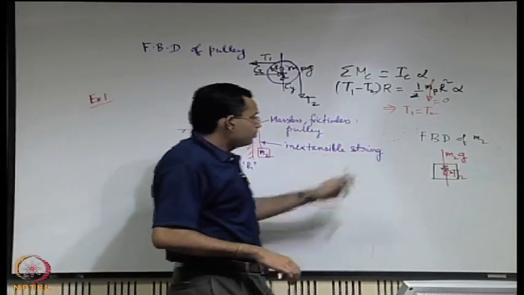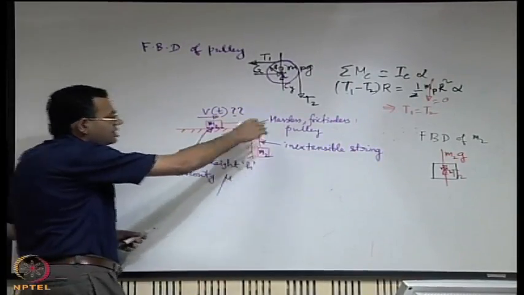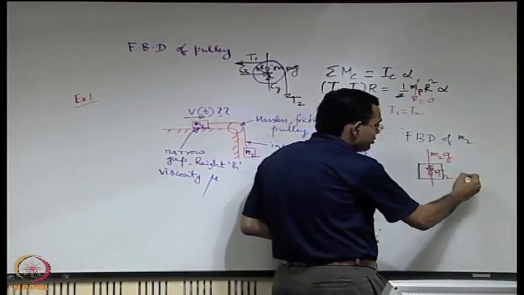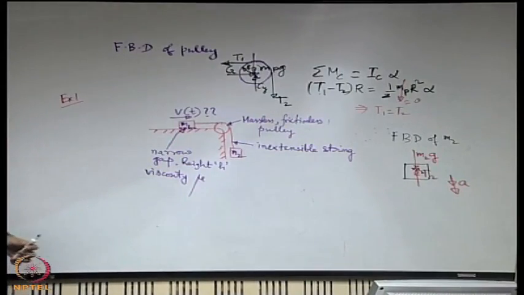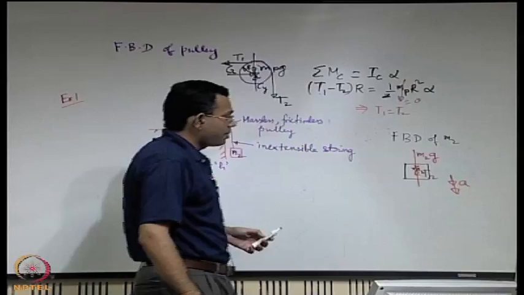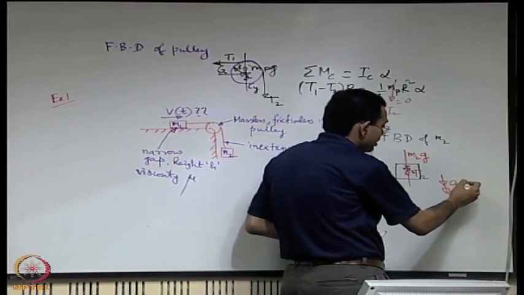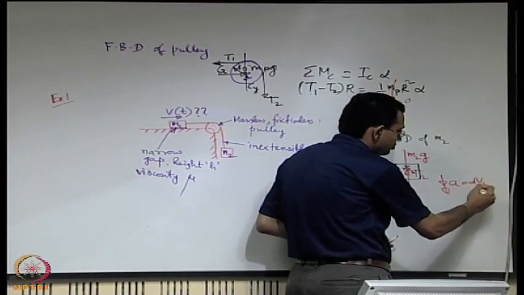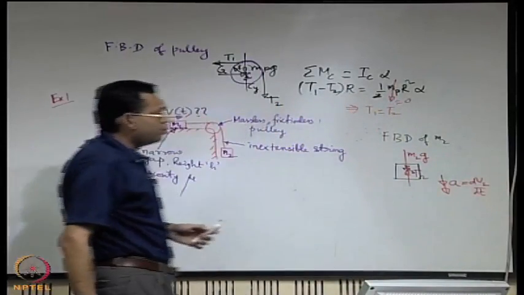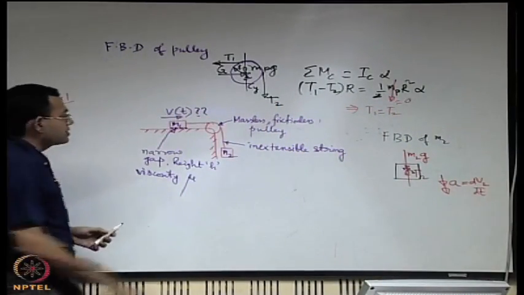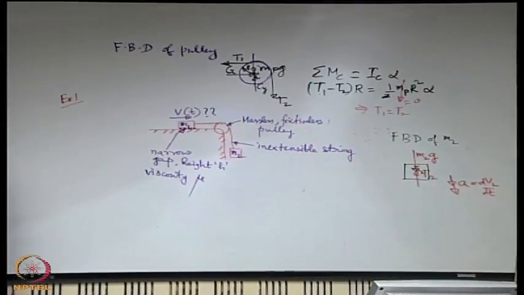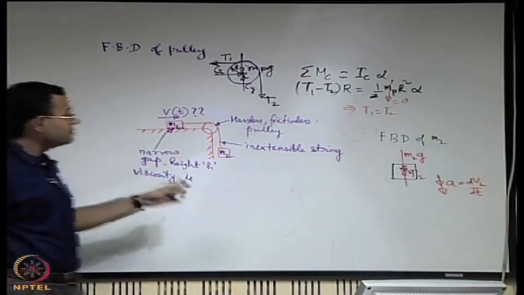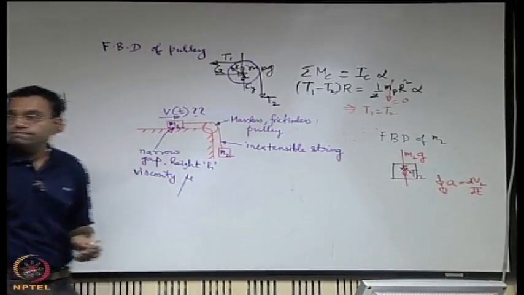So if it comes down with an acceleration a, which is like dv2 dt, you expect that m1 also moves towards the right with an acceleration a, again by which assumption is that so?